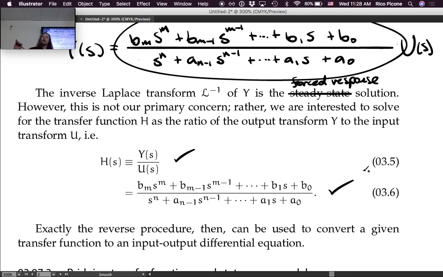Now, exactly the reverse procedure can be used to convert a given transfer function to an input-output differential equation. So you can essentially just do this in reverse.